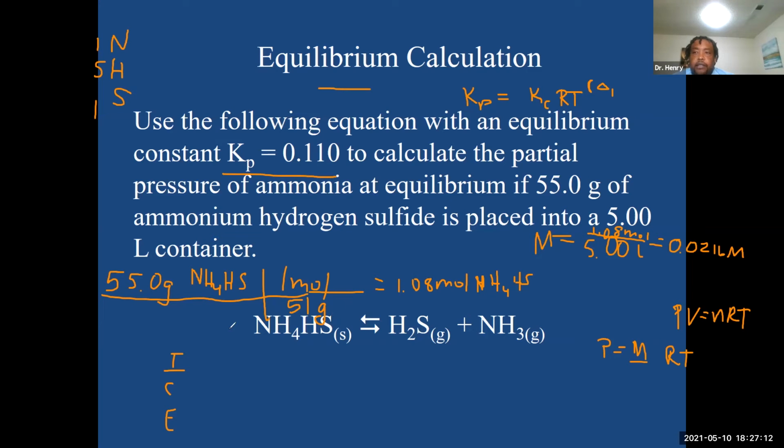In this case it's 1, 1, 1, so products minus reactants, it'd just be RT. So Kc times RT is going to equal our Kp.